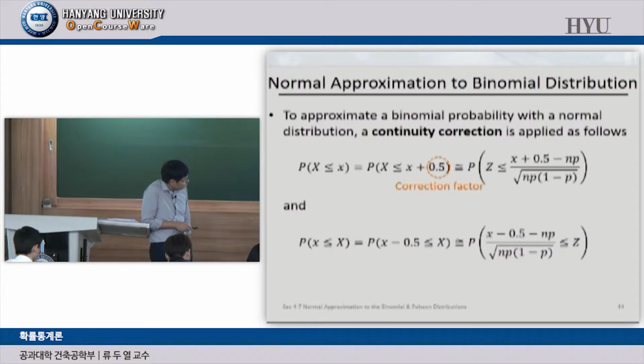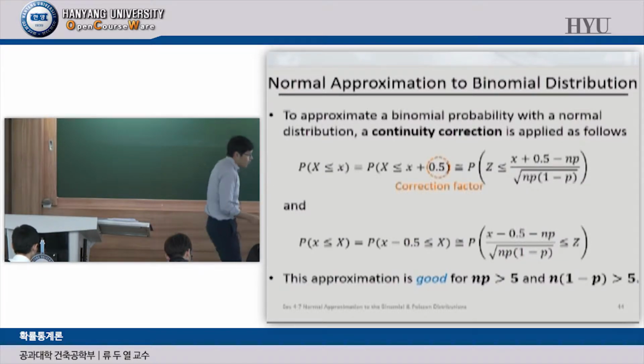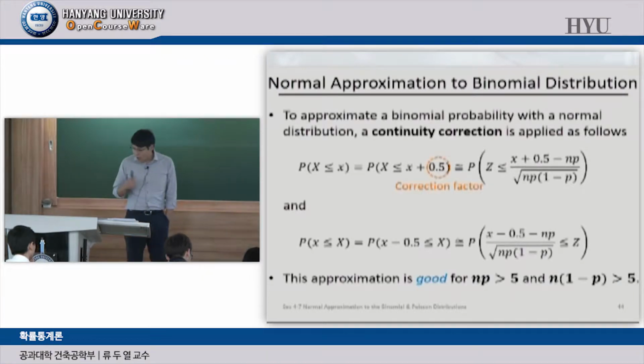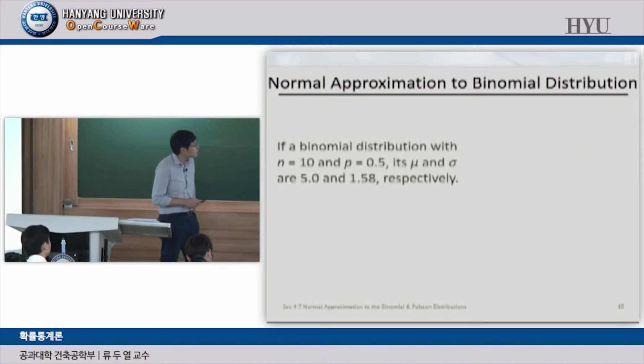This can be transformed to the probability of Z larger than or equal to x minus 0.5 minus np over root np(1 minus p). This approximation gives a good result when np is larger than 5 and n(1 minus p) is larger than 5. And I'm going to explain why we have to provide the correction factor in this slide.